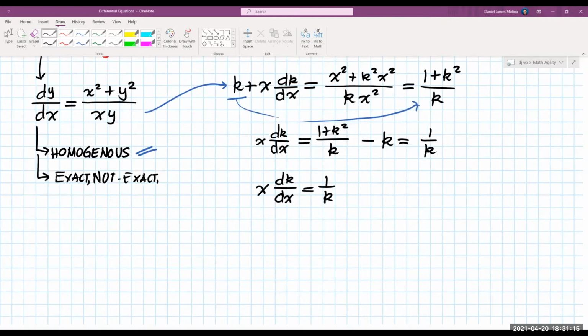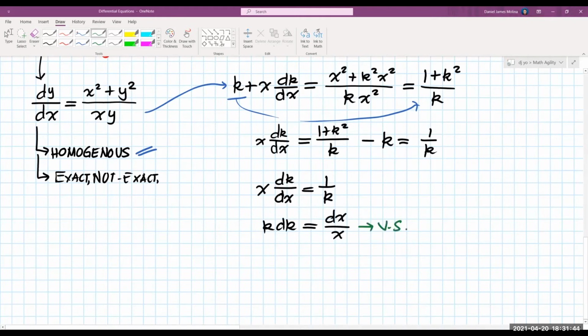As this form of the equation, we can rewrite it further. Let's say we have k dk equals dx over x. Here we can conclude that this is a variable separable differential equation. So from a complicated one, we transformed it into a variable separable equation.